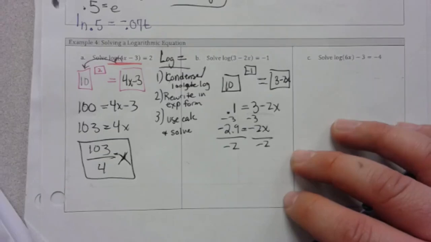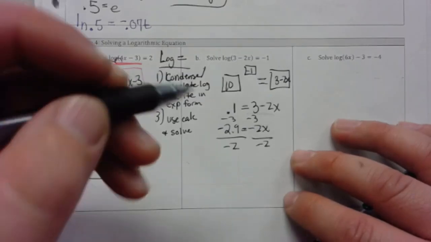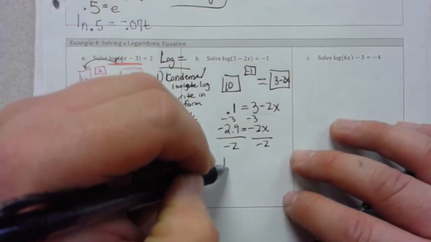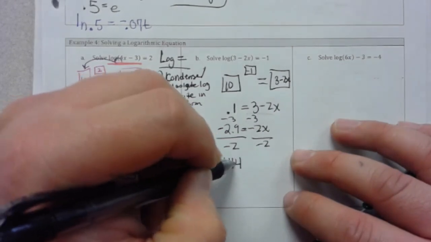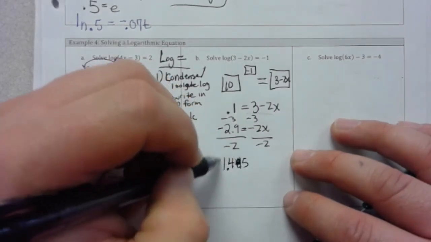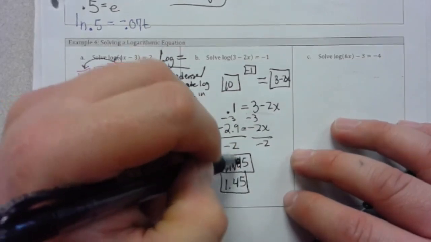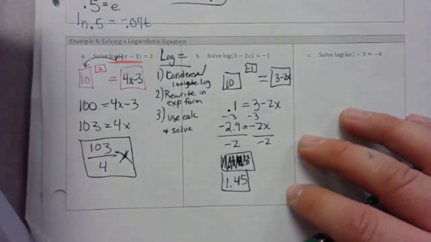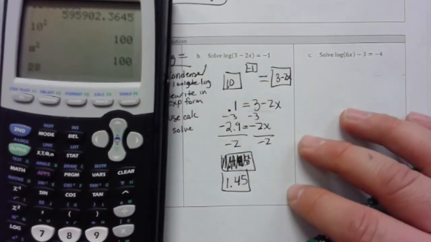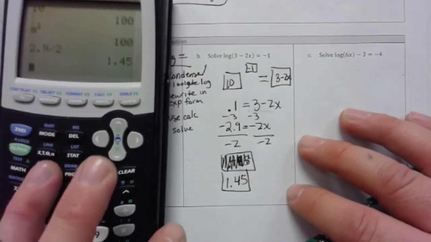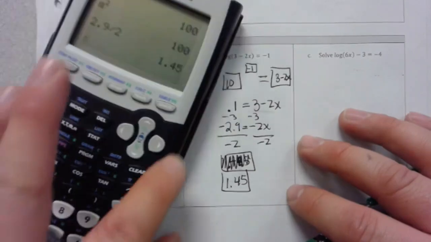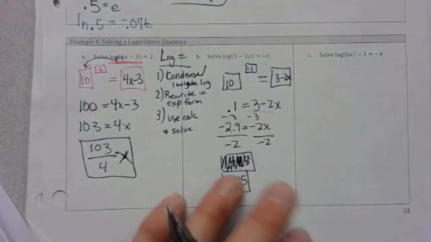Do it anyway. Ten to the negative first equals 6x. Like I said, you could just put it into your calculator.